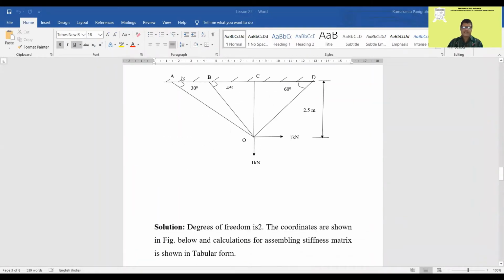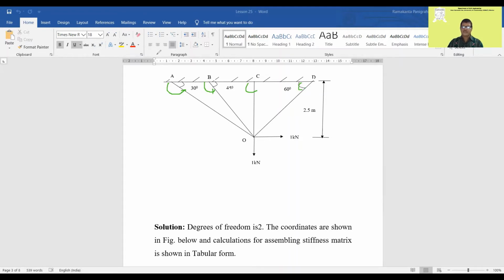So this is 30, total is 180. From this reference line, now it is 150, it is 135, it is 90, and this is 60. So from the horizontal reference line, it is measured like that.